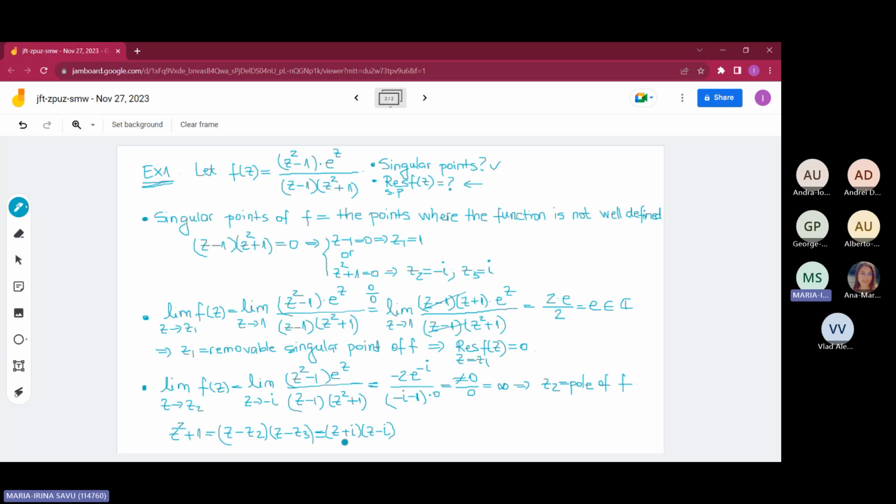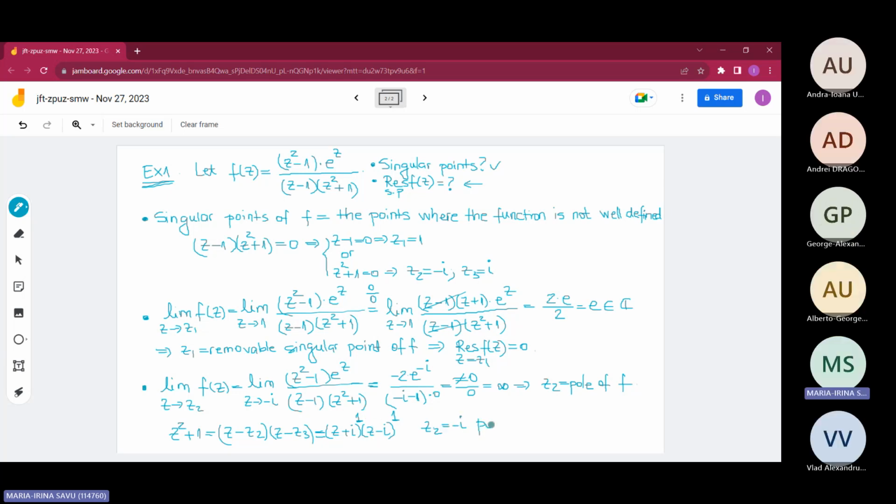So from this expression, you see the order of minus i is 1, because the exponent of this expression is 1. Okay, so you have that z2 equals minus i is a pole of order 1.